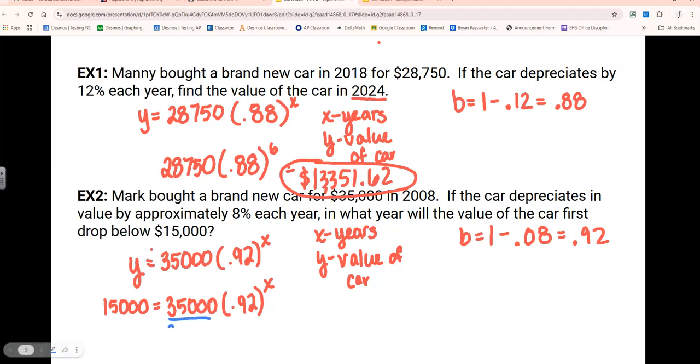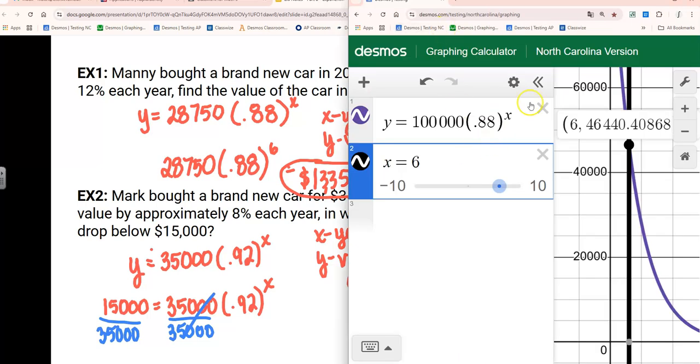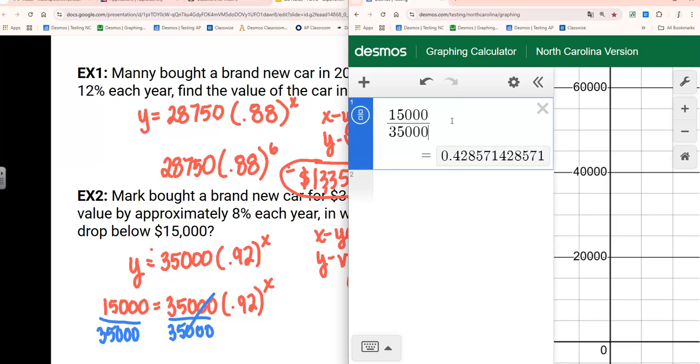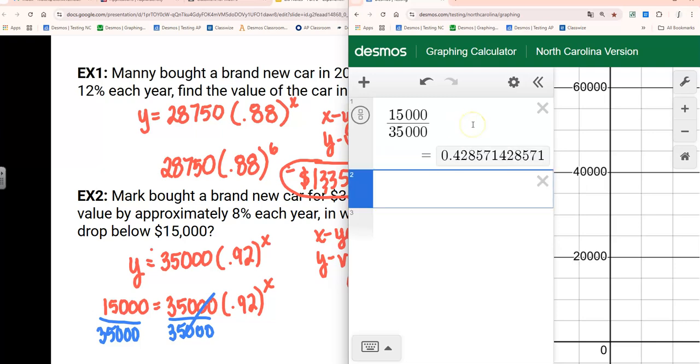So I'll divide by 35,000. And we're definitely going to need some Desmos to get the exact value. We don't want to get fractions anyway. So we got 0.42857.